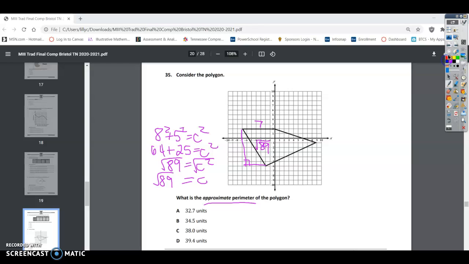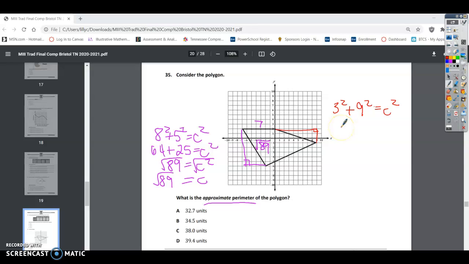So let's change the color here. So let's look at this one. Okay, we're making a triangle here, so we can do the same thing. So we're going to have, this distance is 3 squared. And this distance is from 0 to 9, so that one is 9 squared.